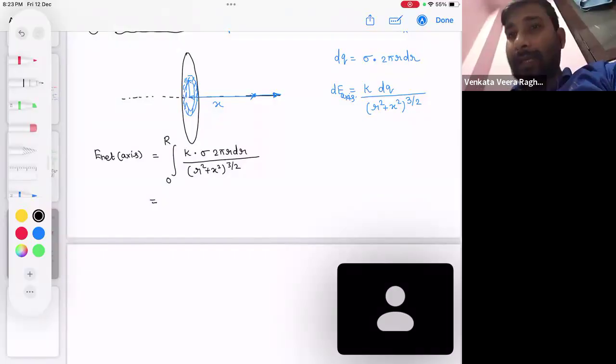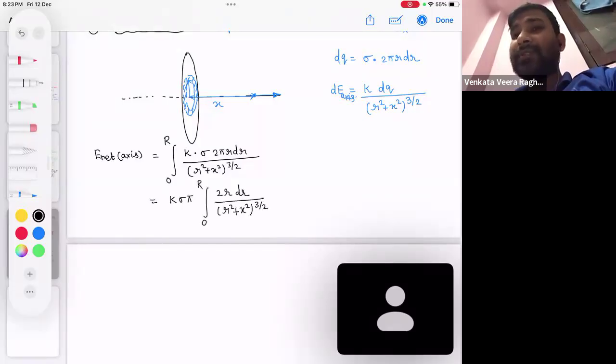So if we continue, k is constant outside, sigma is constant outside, pi outside. We have the integration of 2r dr divided by (r square plus x square) to the power 3 by 2. Can this integration be done with the help of substitution?